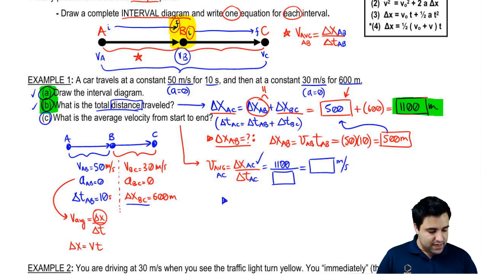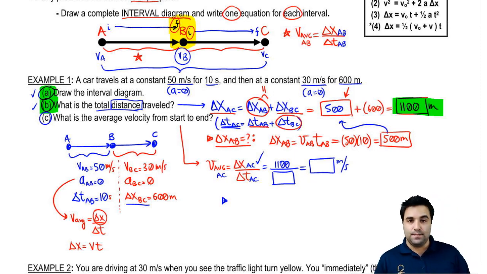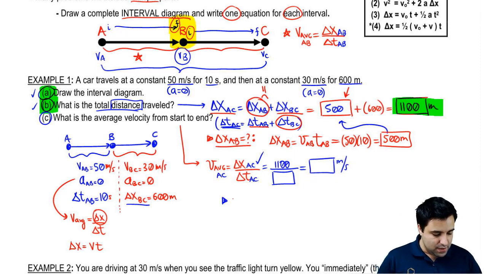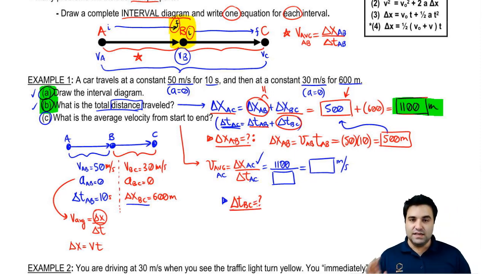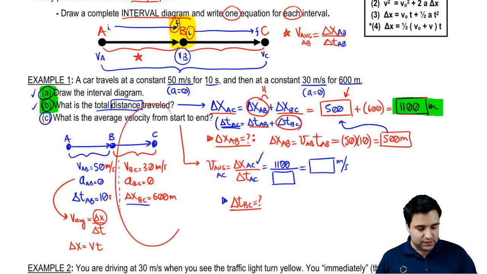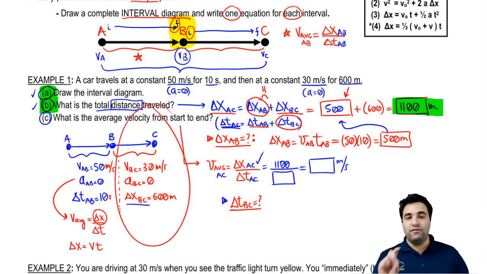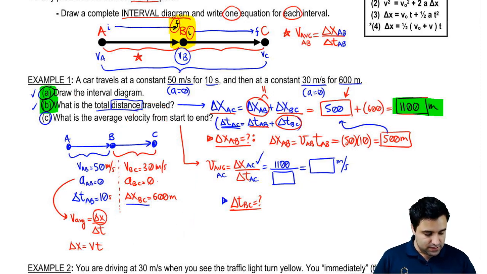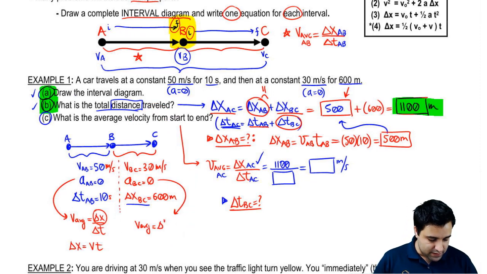To find the total time, it's right here. I know the first time is 10 seconds, but I need the second time. So let's find the time between B and C. How do you find a number in physics? You find an equation. So delta t BC belongs here, so I have to write an equation for that interval. And the only equation I can write, again, is that the average velocity is delta x over delta t.